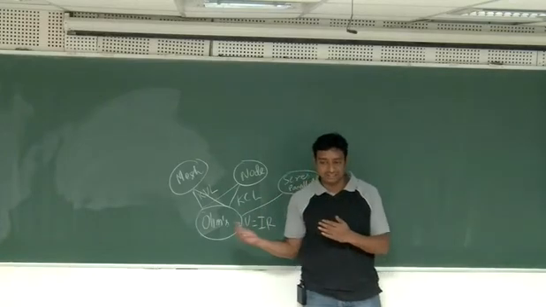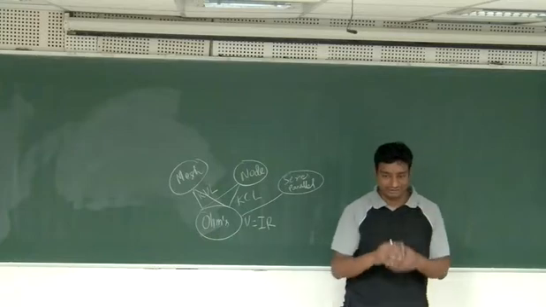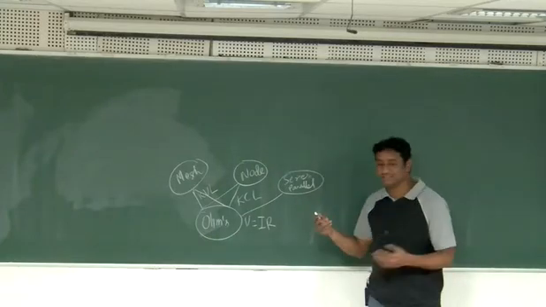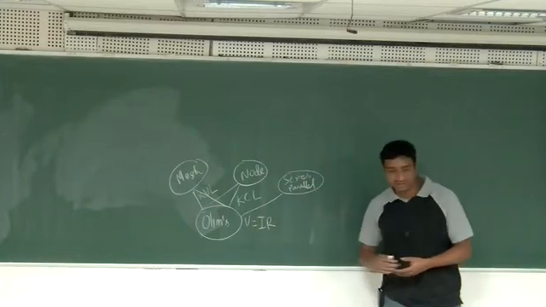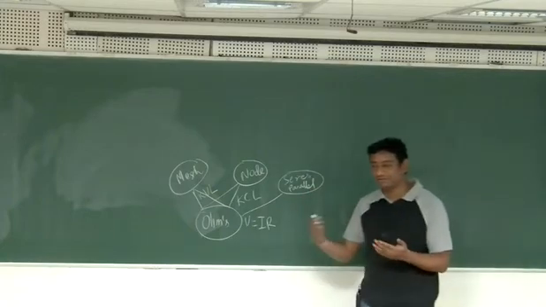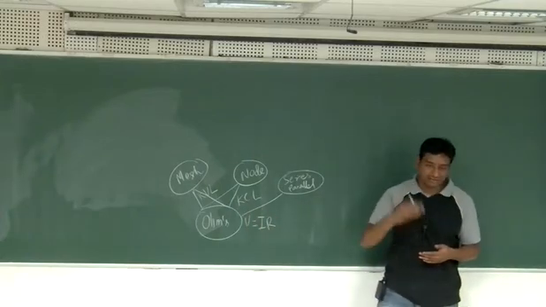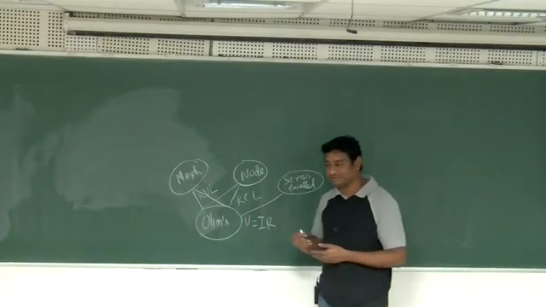So for that you use KCL and KVL to derive the formula. I think you already know. In series it is just addition. In parallel it is R1 into R2 divided by R1 plus R2, or if there are more branches, 1 by R1, 1 by R2 and all these things.